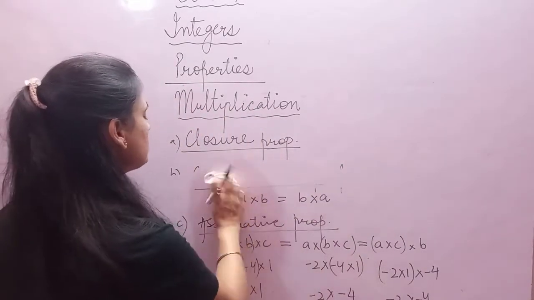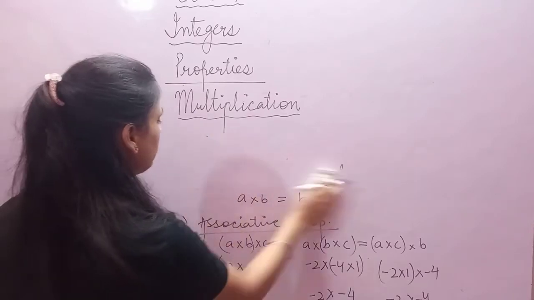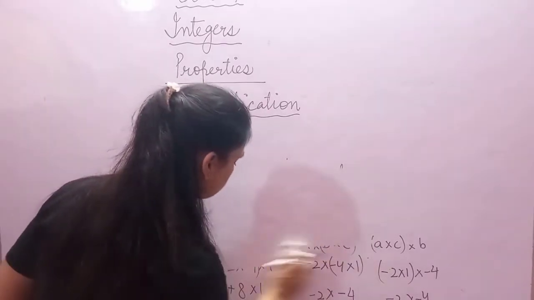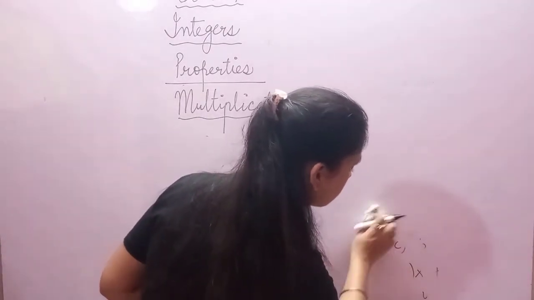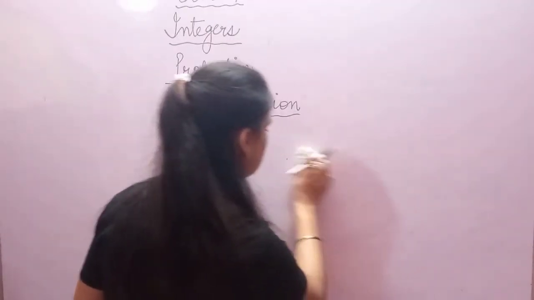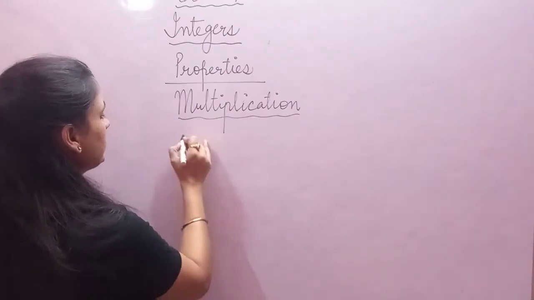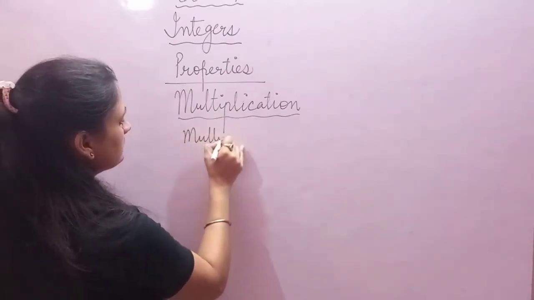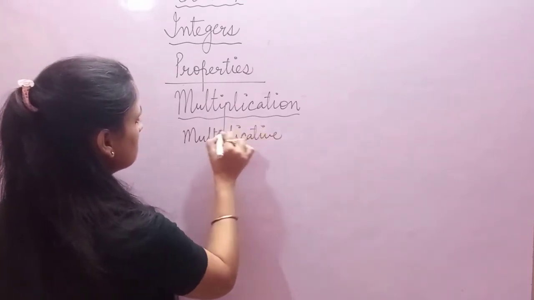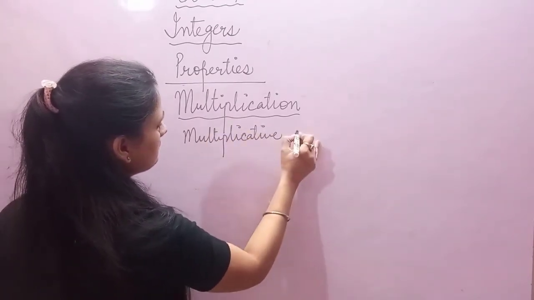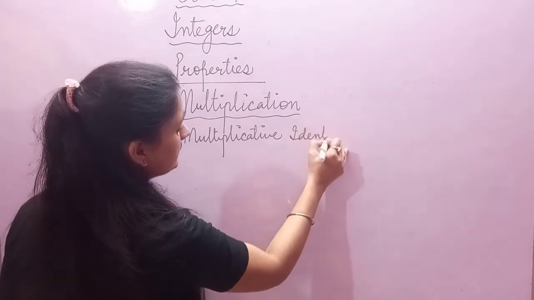Now next is a very important property, that is multiplicative identity and multiplicative inverse. Now multiplicative identity.